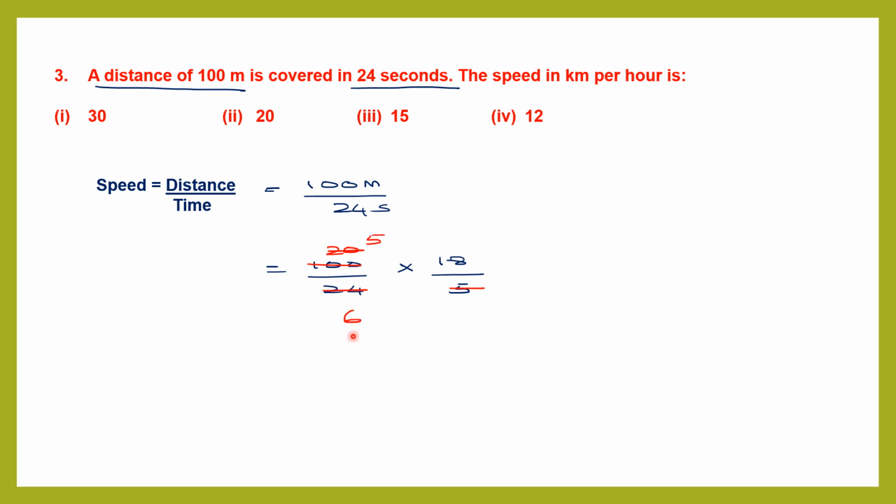Now I can cancel 6 and 18. So 6 1s are 6, 6 3s are 18. Now I only have 5 into 3, and 5 into 3 is 15. So the speed is 15 kilometers per hour. So from meter per second we have converted it to kilometer per hour.